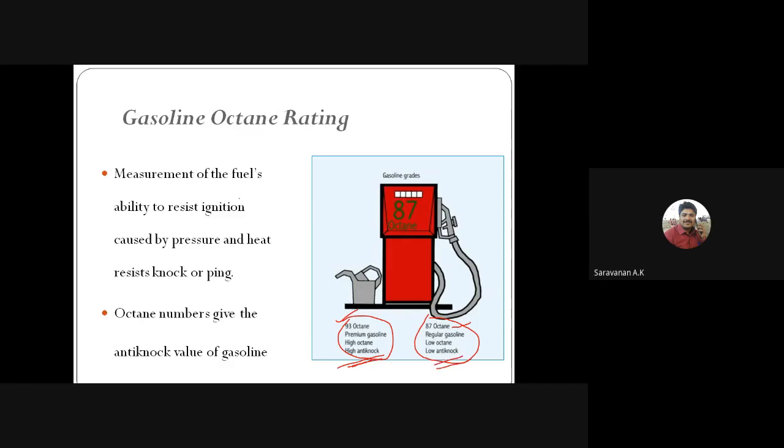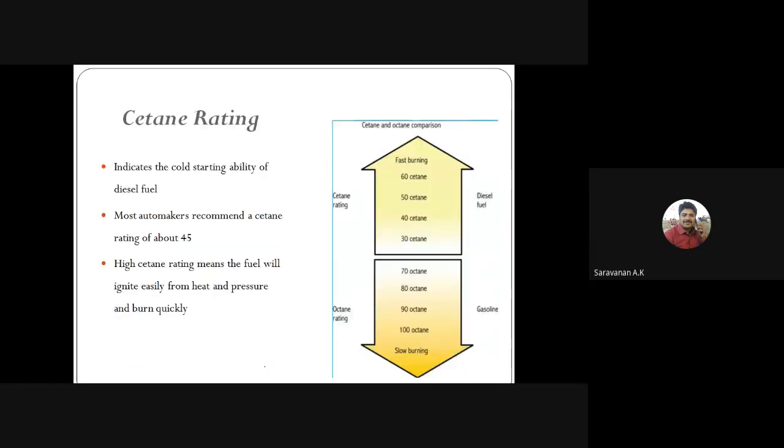It is the measurement of the fuel's ability to resist ignition caused by pressure and temperature. So the octane number gives the anti-knock value in gasoline fuels, that is petrol.